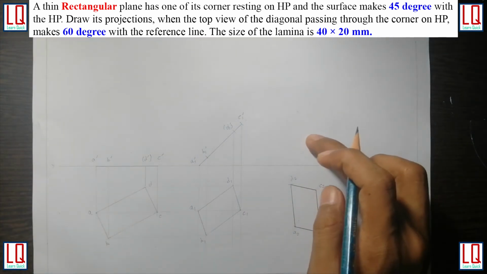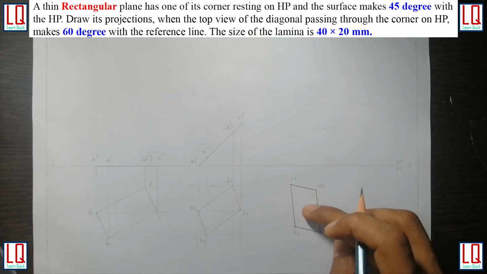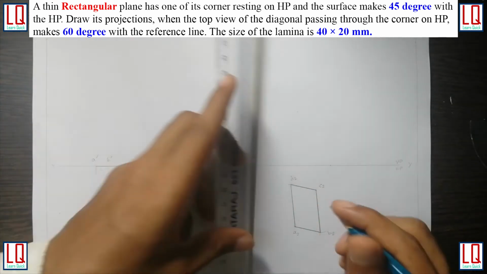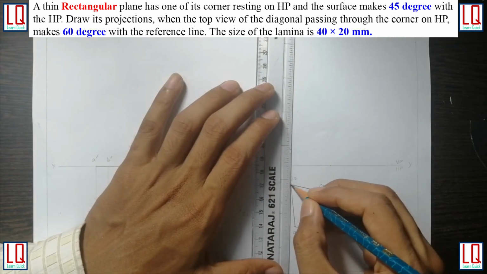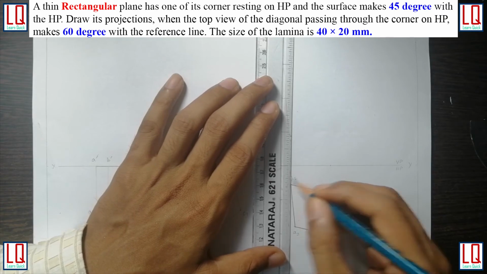Now to draw the final step 6, that is the front view of the rectangular plane, project all the points from step 5 and all the points from step 3. To do this, use of an engineering drafter is recommended.